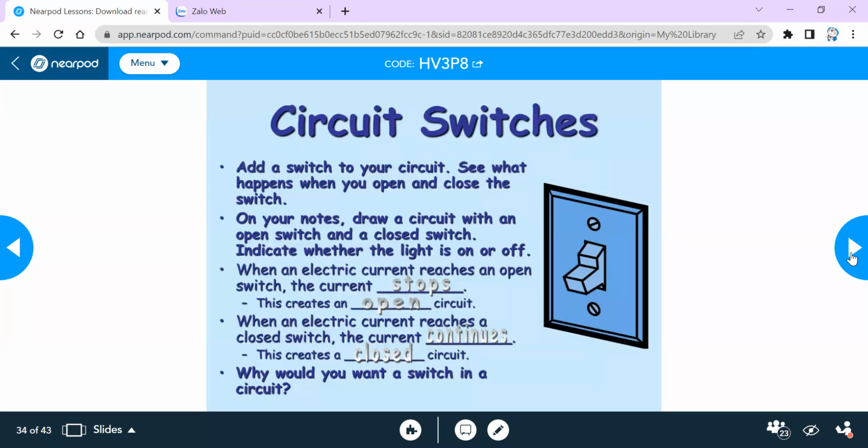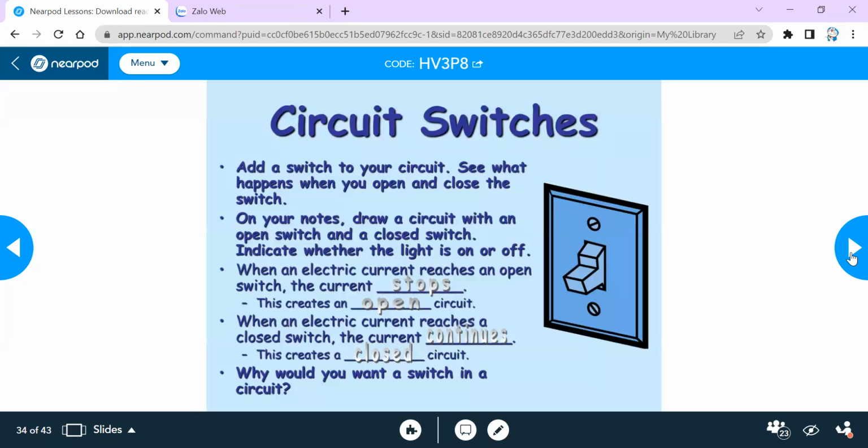When an electric current reaches an open switch, the current stops. Why? Because it cannot pass through anymore. It's jammed. This creates an open circuit because the switch is open. There's no way the current could flow through here. It will always stop here. So that's why the current stops, and this is known as an open circuit.